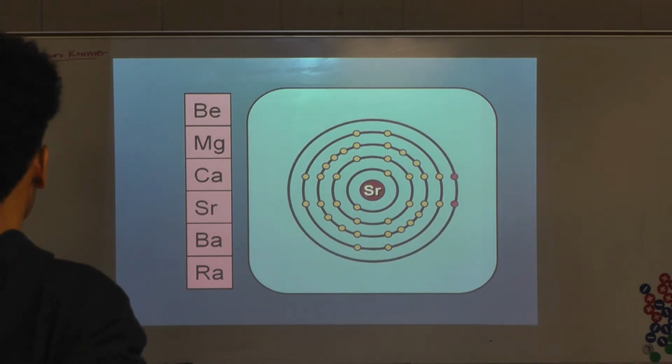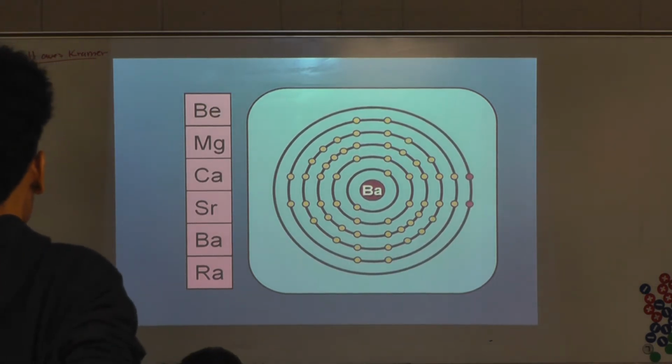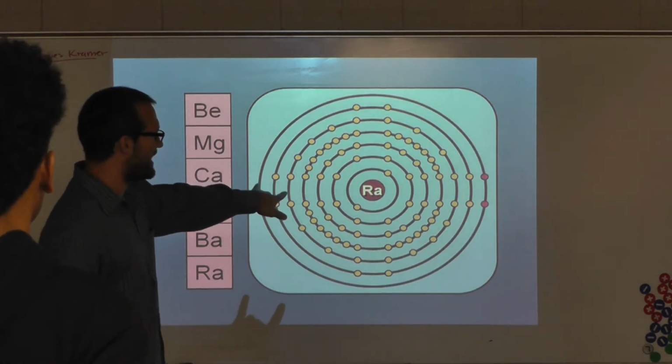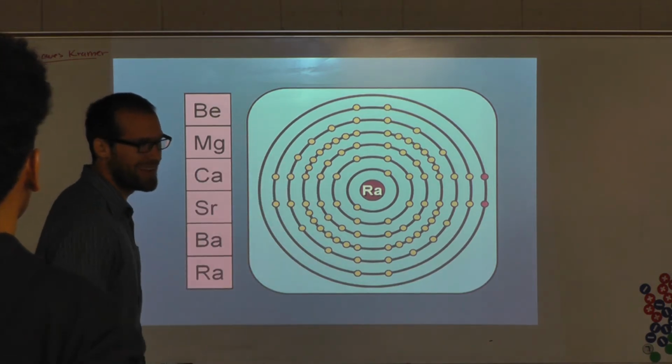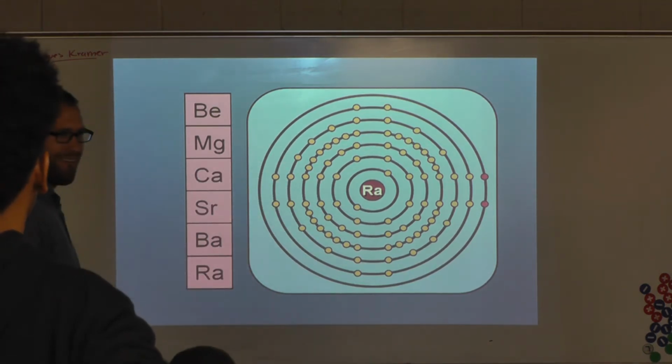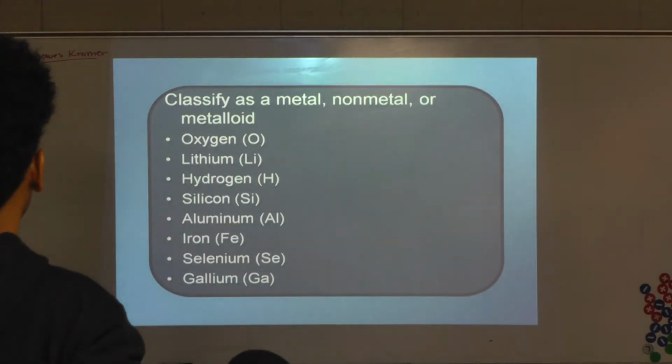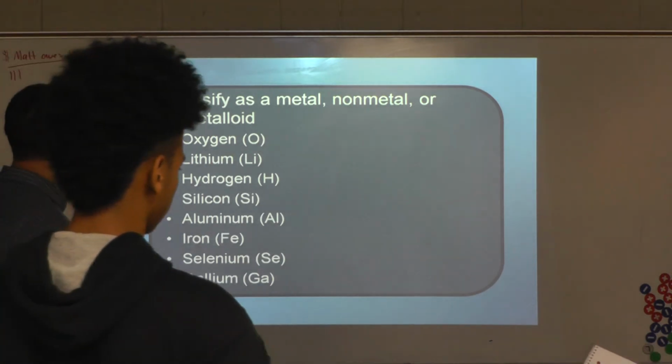Strontium? 2. Barium? 2. Wow, so I bet you if we counted all those little dots, do you think we would get 88 electrons? Sure hope so. Let's count them. Well, I'm not counting those. Just look at the periodic table. 88.